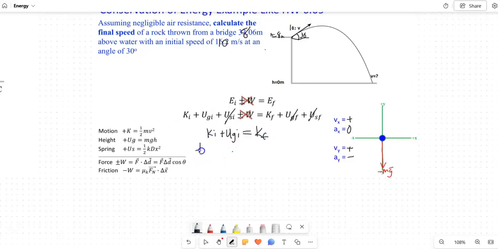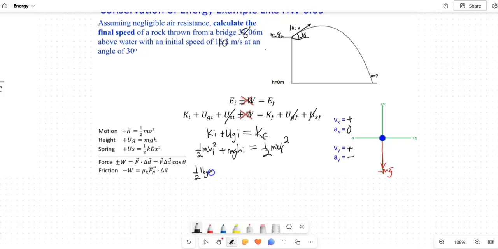So 1/2 m v_i squared plus m g h_i equals 1/2 m v_final squared. Okay, so the mass, which we could cancel out right now to make the math easier, but I'm a stickler for doing things by the book.